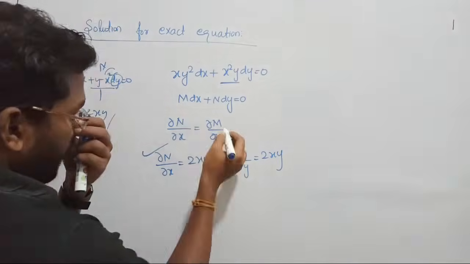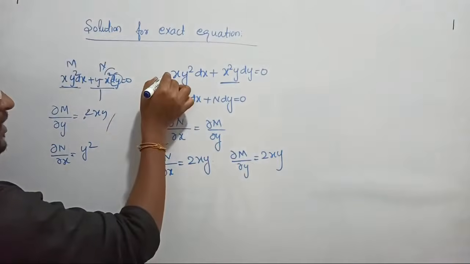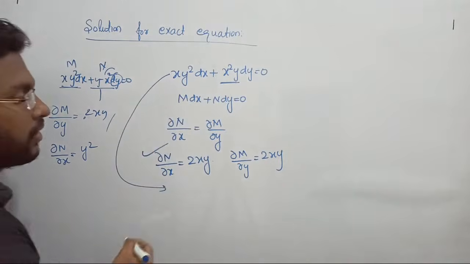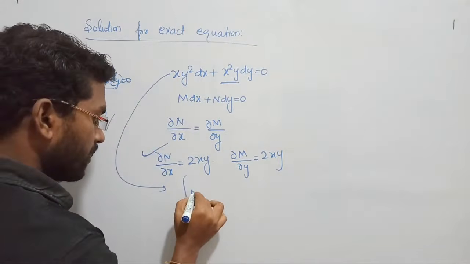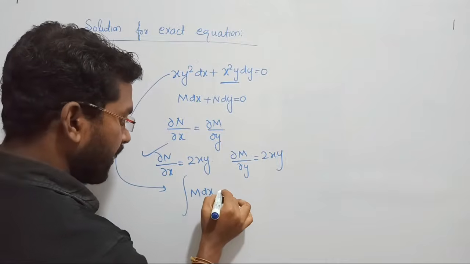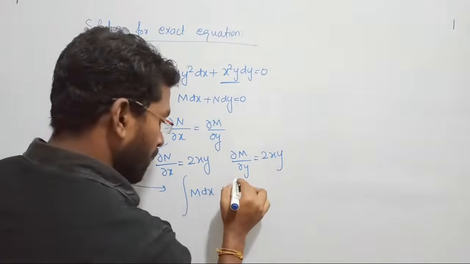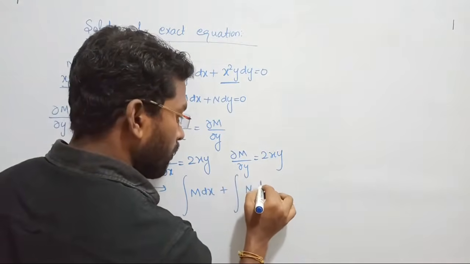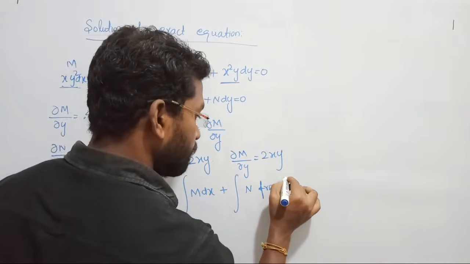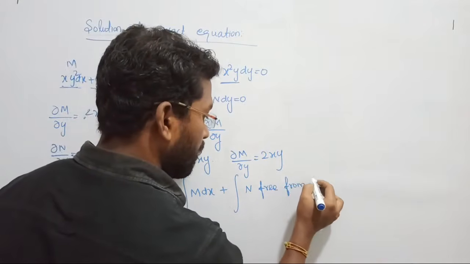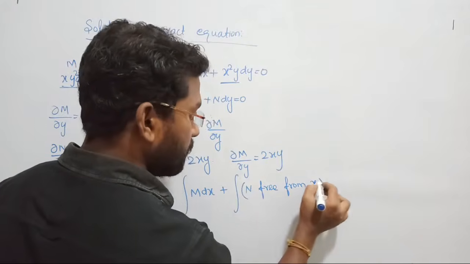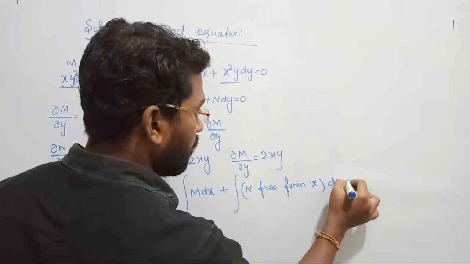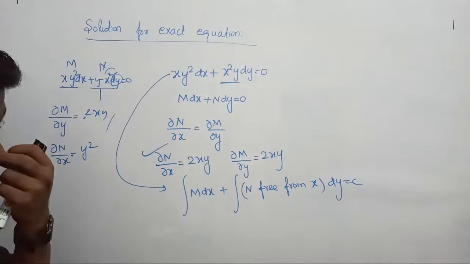So if your condition is satisfied, then just to take this expression right, என்ன பண்ணோம், do the integration of m with respect to dx, direct integration, plus integral of n terms which are free from x, that's very important, with respect to dy equal to c. Shall we proceed? Yes.